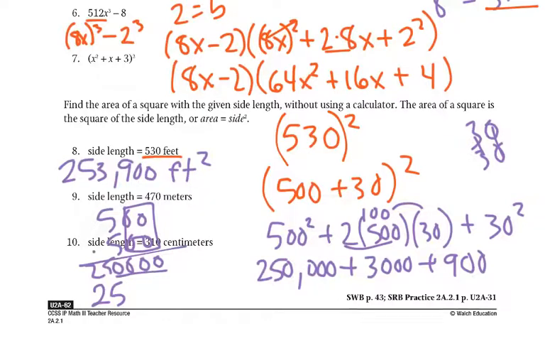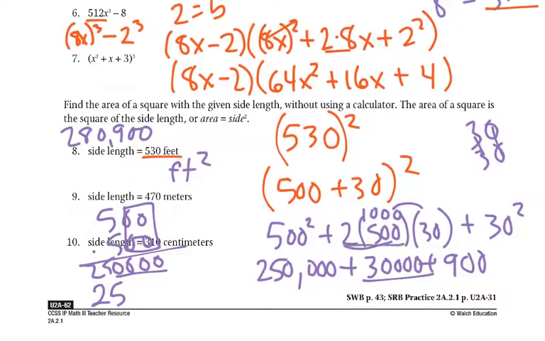Apparently I've missed out on something, because if you go 530 squared, you should end up with 280,900. So, oh duh, that should have been 1,000. So 1,000 times 30. So that should have been 30,000, which would make it, there we go. Okay, so we had the right process, I just made a stupid mistake.